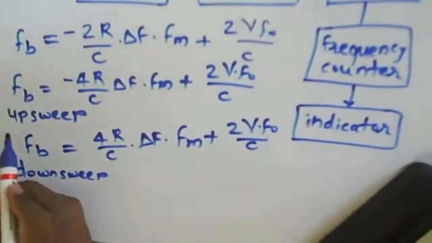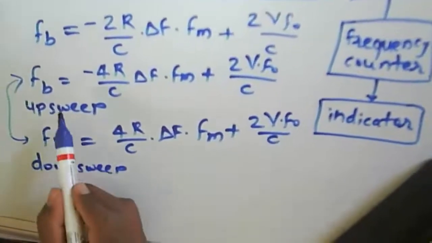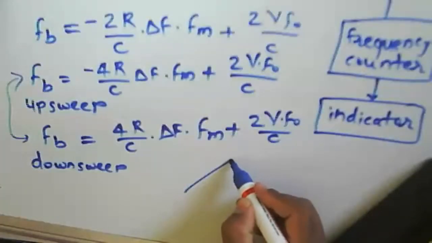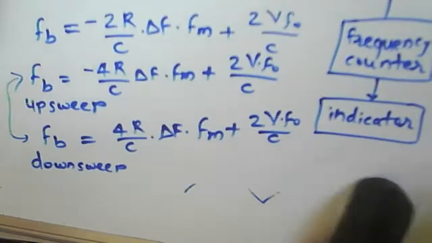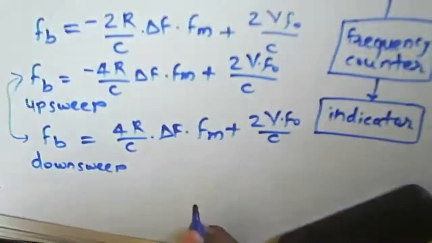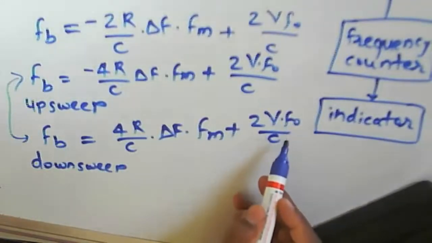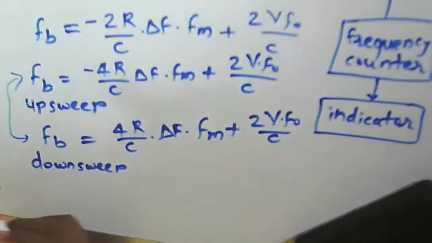These two equations are for the triangular one, for upsweep and downsweep. So for that upsweep and downsweep, we got the equations here. This means we are getting the range frequency with respect to the Doppler frequency.